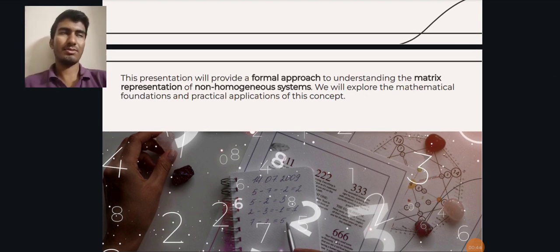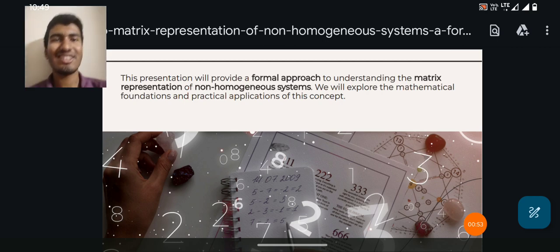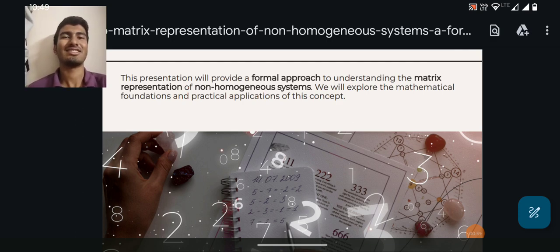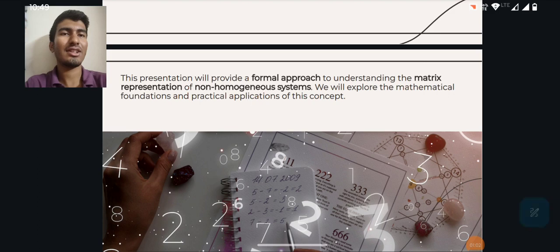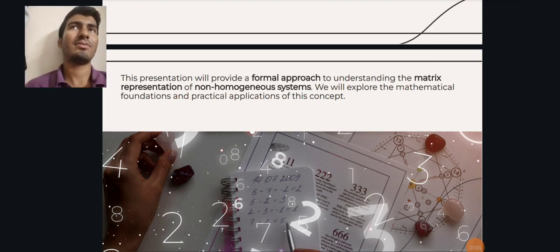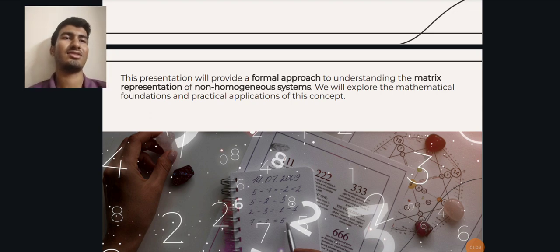This presentation will provide a formal approach to understanding the matrix representation of non-homogeneous systems.